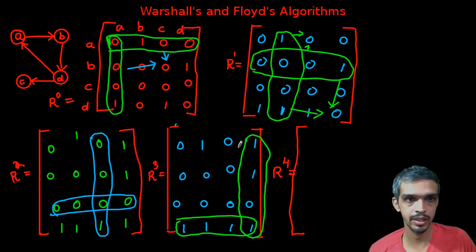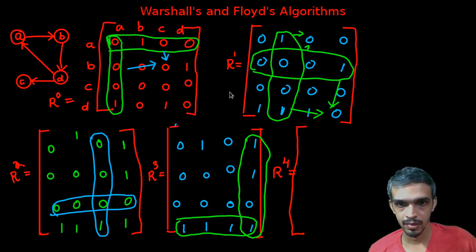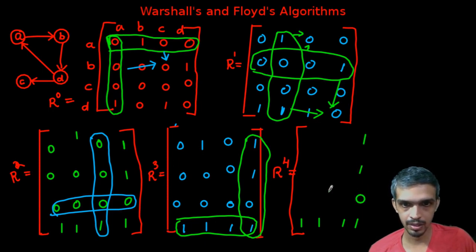Again you will be doing the same operation, but here you can see that there will be a difference. So we will be writing last column and last row as such.